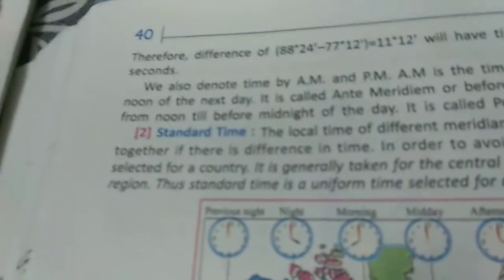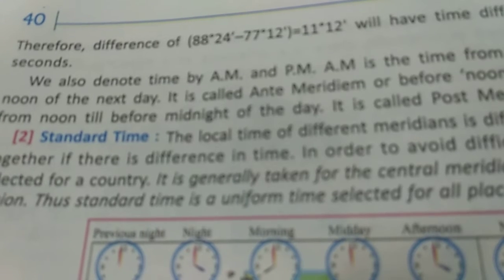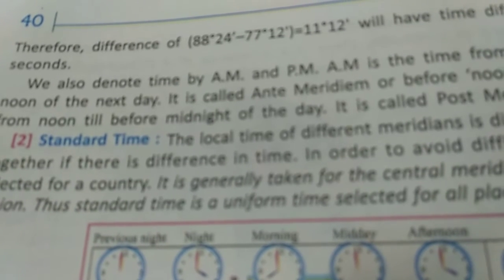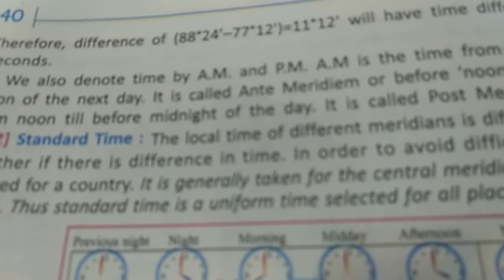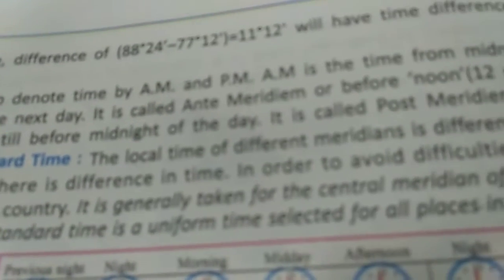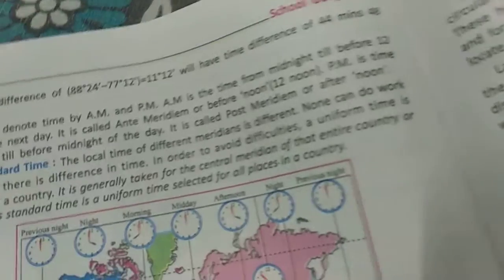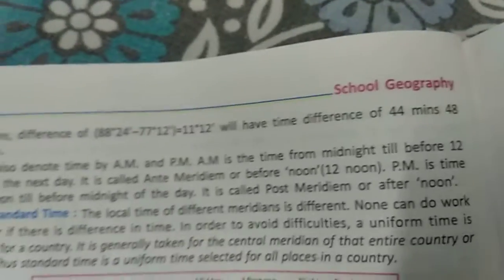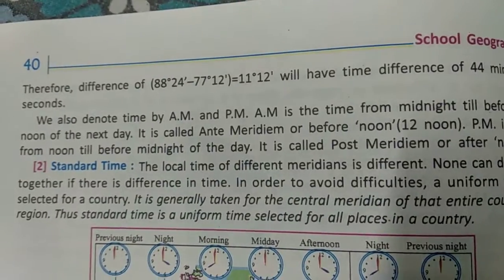Therefore, if Kolkata is located at 88 degree 24 and Delhi at 77 degree 12, the difference is 11 degree 12. We have a time difference of 11 into 4, 44 minutes, and 12 into 4 is 48 seconds. So this is how the difference has been calculated.